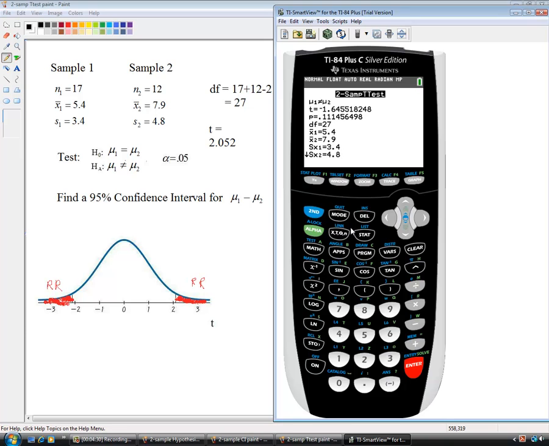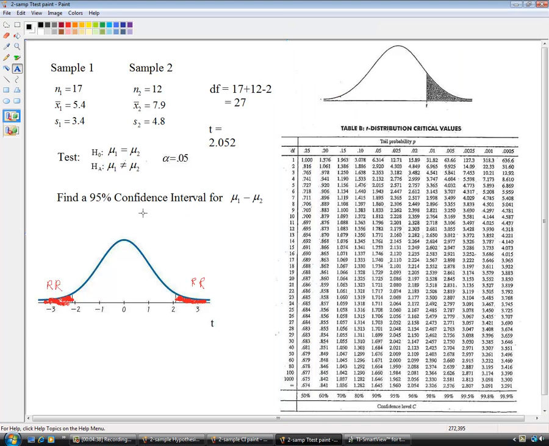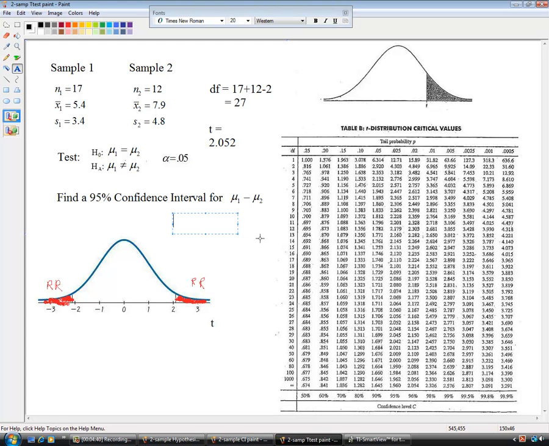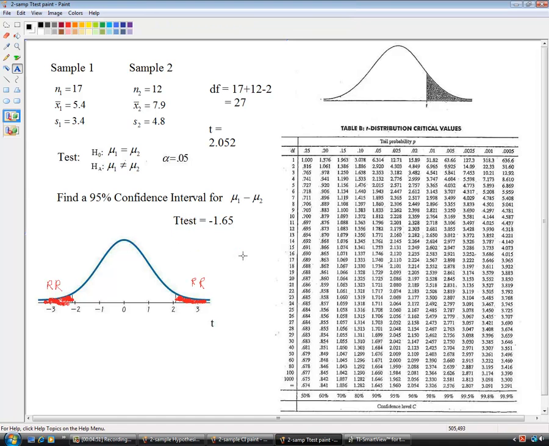So our test statistic is negative 1.65, basically. And now we're going to put this on here.